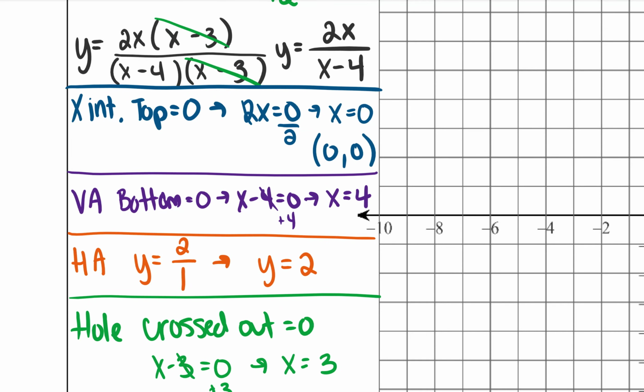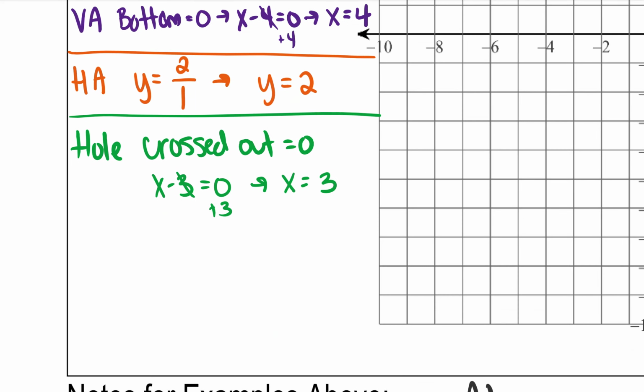Okay, so I'm going to use my equation right here that I simplified. I don't want to use the original. So y equals 2x over x minus 4. So I'm going to have y equals 2 times 3 over 3 minus 4.